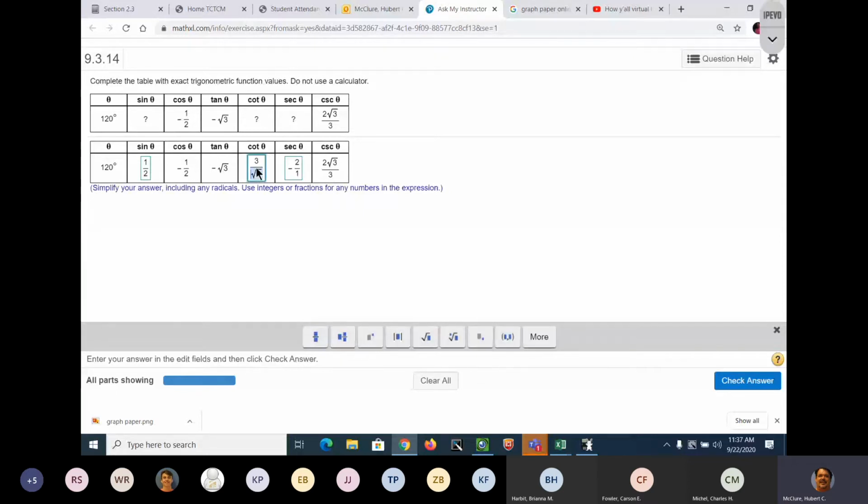Oh, I don't have to do that one. The cotangent is negative square root of 3. Negative square root of 3. And the secant is negative 2 square root of 3. So that's negative 2. Well, I'm just going to delete everything.